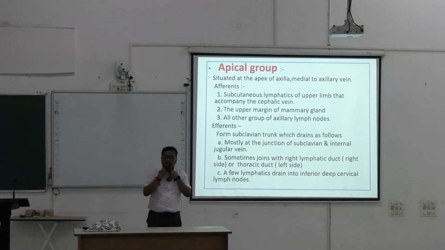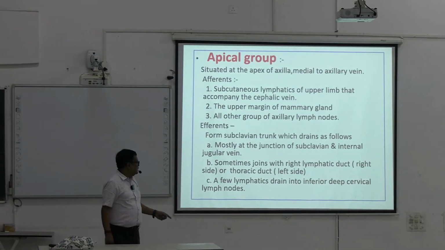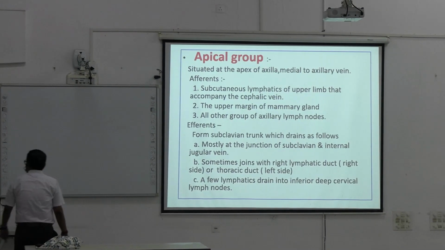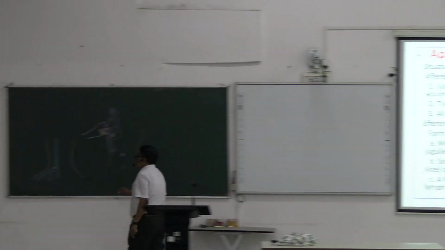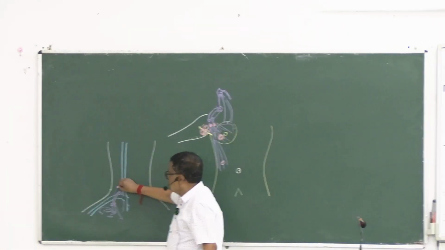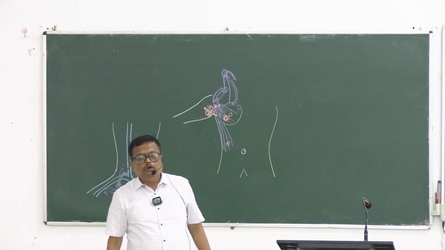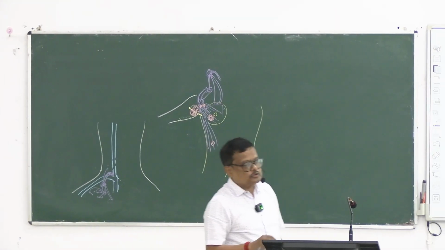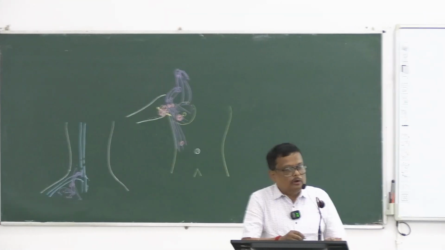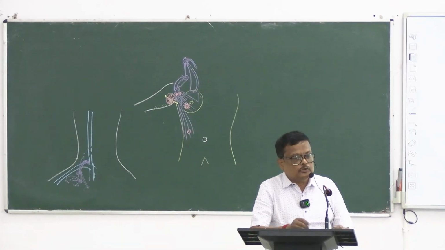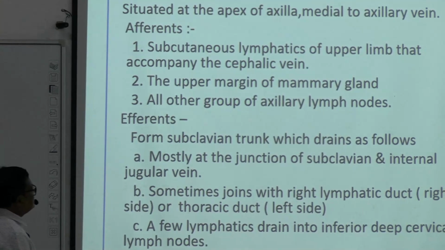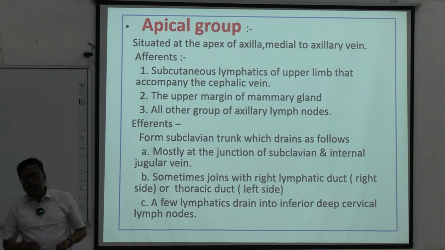Sometimes it joins with the right lymphatic duct or thoracic duct. It will come later on. Time is running out. A few lymphatics of the apical group drain into some lymph nodes present in the head and neck, which we call the cervical lymph nodes. But the most important is that it mostly drains at the junction of the subclavian and internal jugular vein.